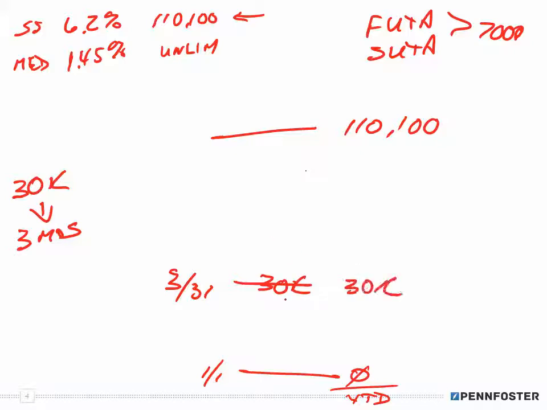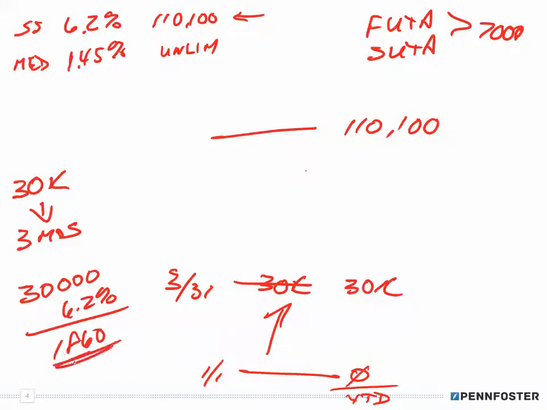Their year-to-date is $30,000. Since all of that amount is below the $110,000, they're going to have a deduction of 6.2%. $30,000 times 6.2% is $1,860. So that's their deduction.